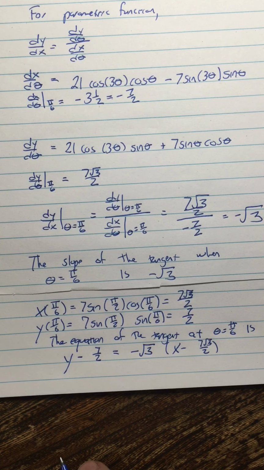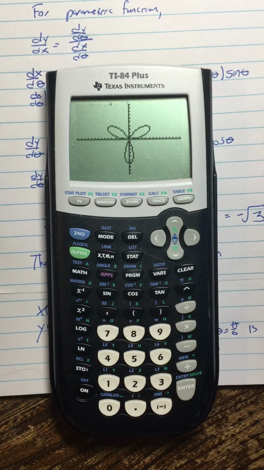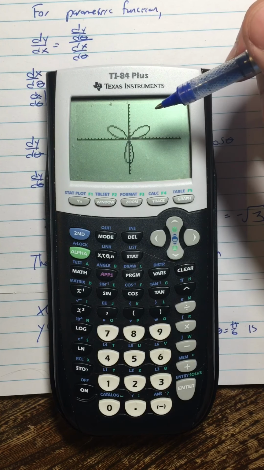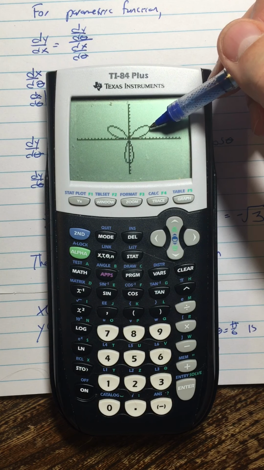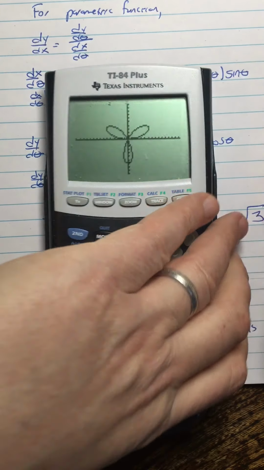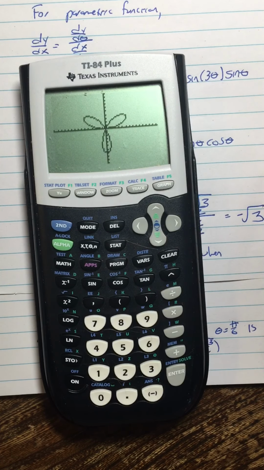Okay, that's that equation. So here's this lovely graph that we've been looking at. We've been looking at all kinds of properties of this graph, and we're going to look at more. We're not done yet. We're looking at the equation of the tangent line at theta equals pi over 6, which is right there. Wouldn't it be nice if we could graph this line on the calculator so we could see how well it fits?